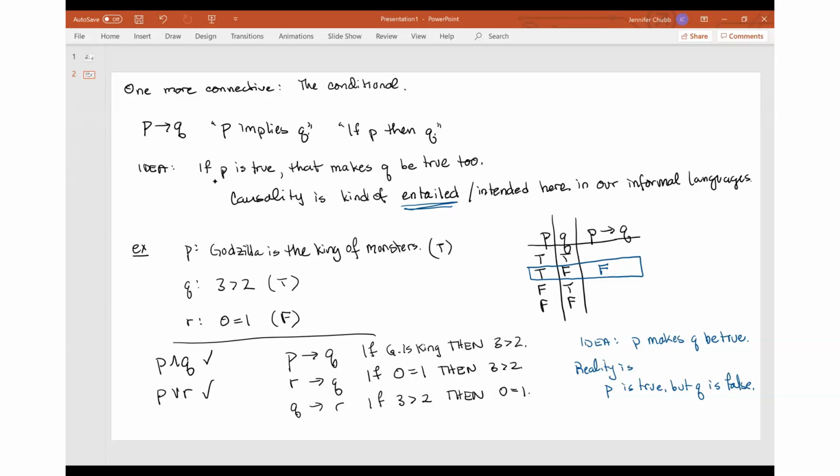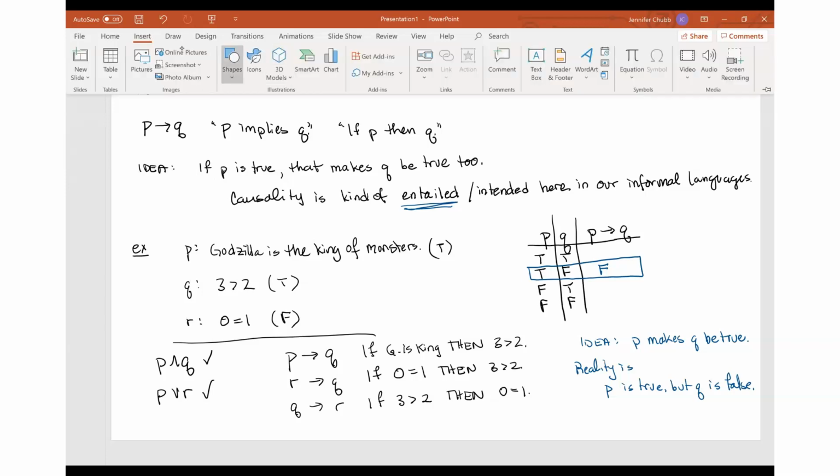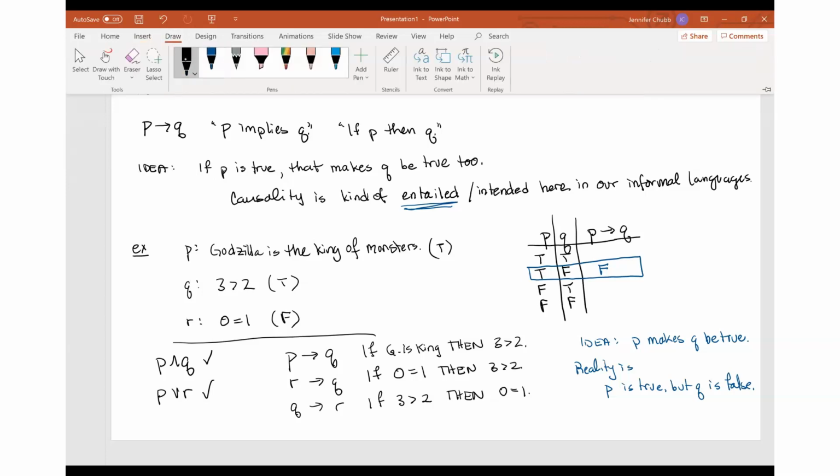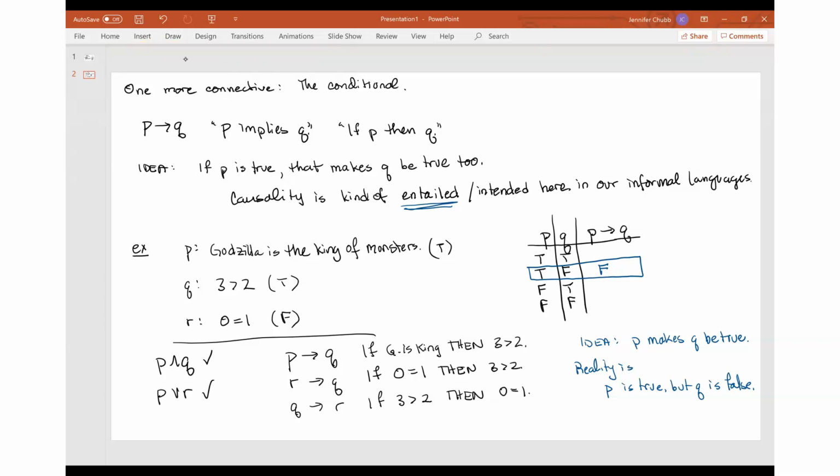Because if P is true and Q is false, then it can't be the case that P makes Q be true. We still have decisions to make about all the other combinations. And since they are not refuting the idea that P implies Q, these are just all accepted as true.